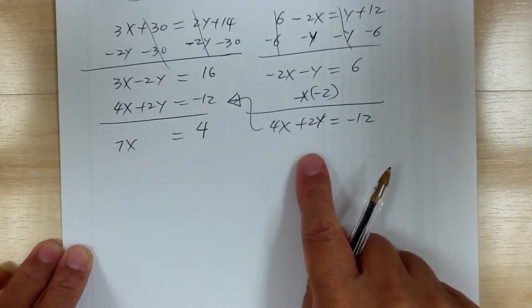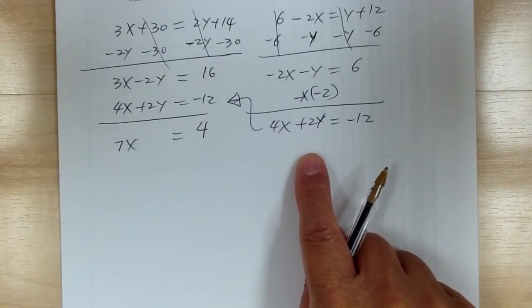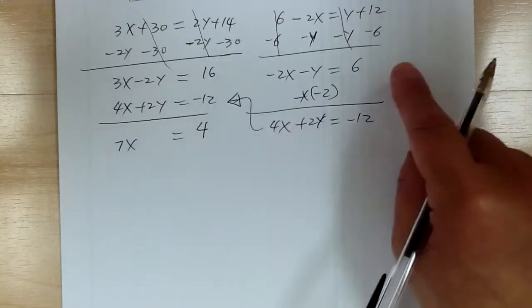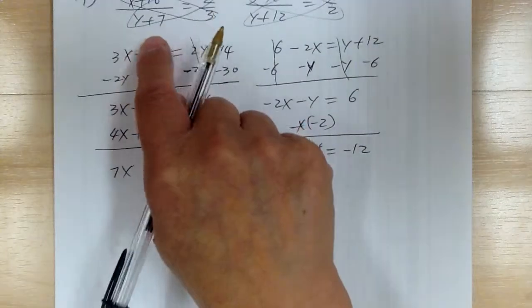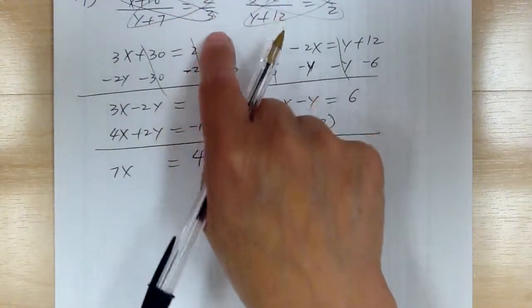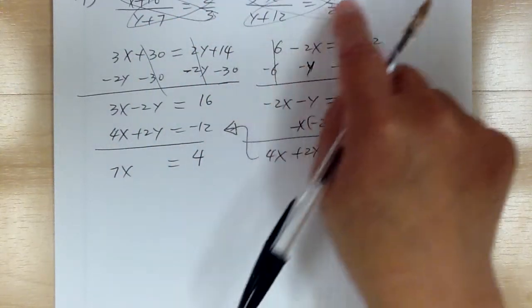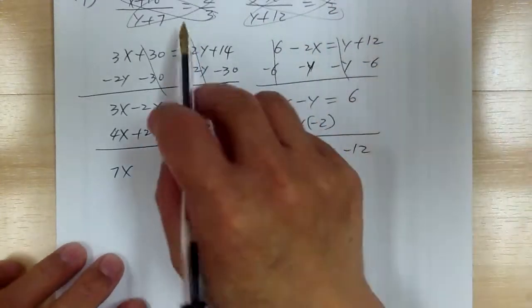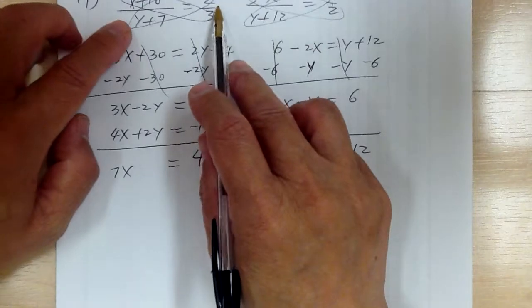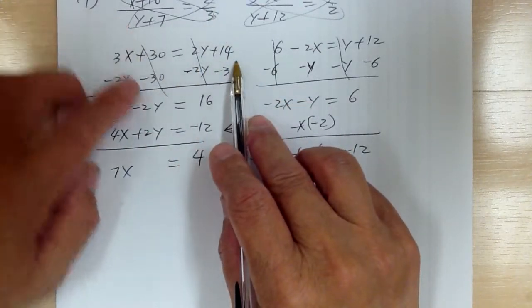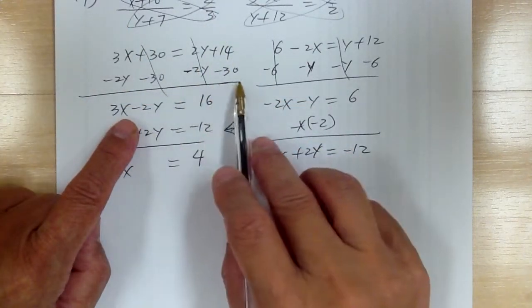Double check. Make sure we copied the problem correctly. Cross multiply. So 3x plus 30, 2y plus 14.